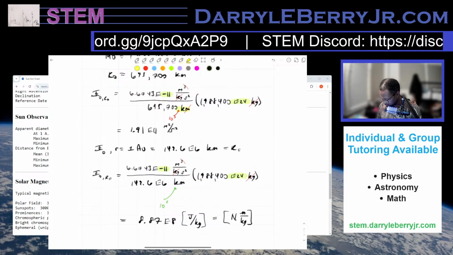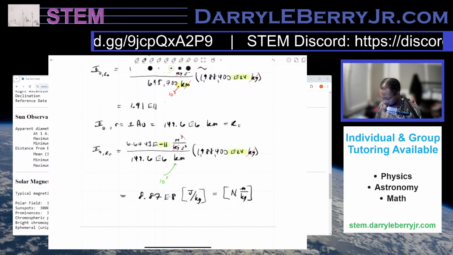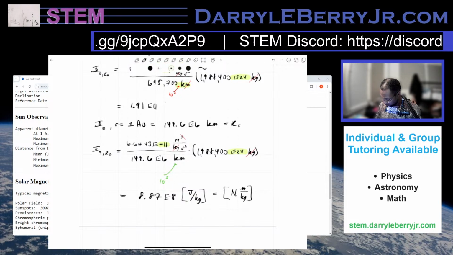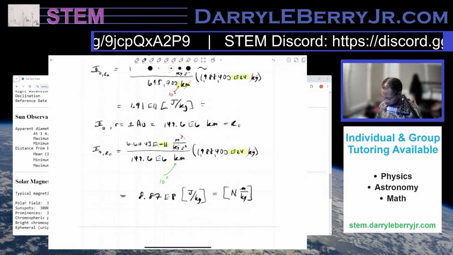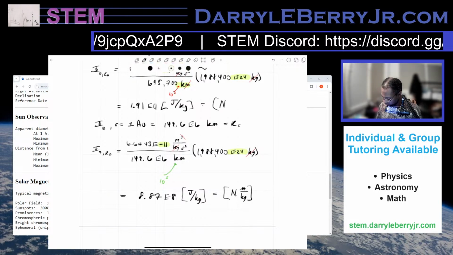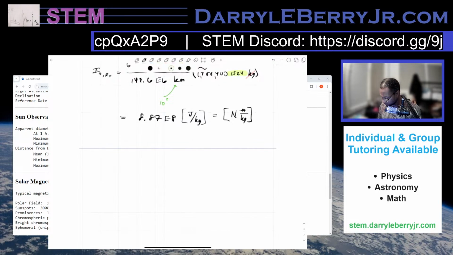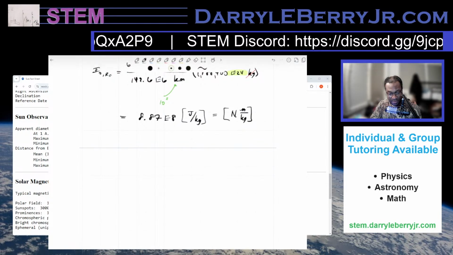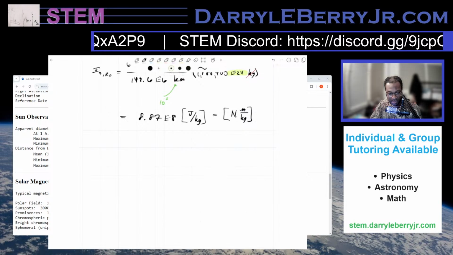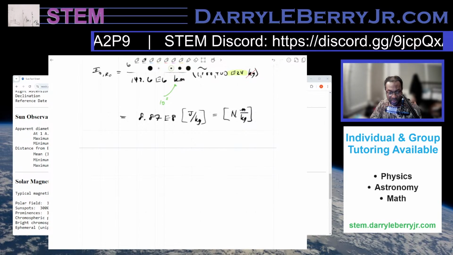It will be joules over kilograms, equal meters over kilograms for this one. That's for the sun at Earth's surface. And I'll do one more before I close up, or maybe two more. Let's plug these in.